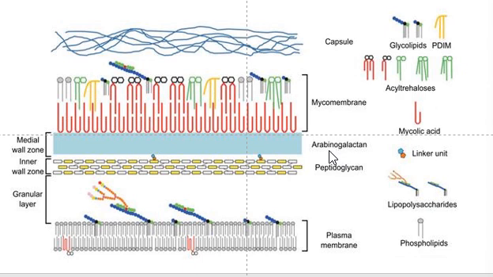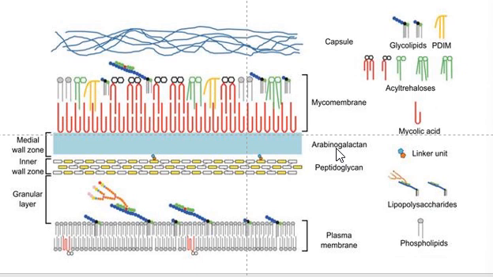Because they are made up of what's called arabinose. Arabinose is a carbohydrate containing 5 carbons, and then another important sugar called galactose contains 6 carbons, and these two branch together and form this arabinogalactan.